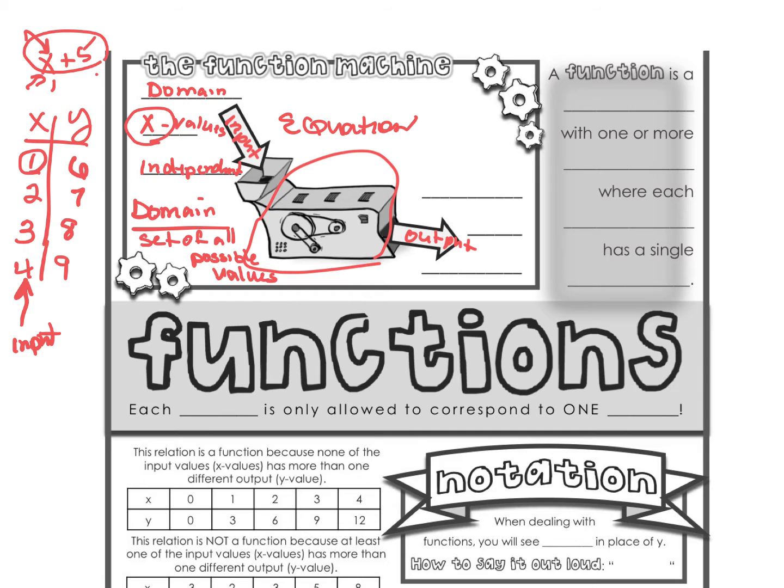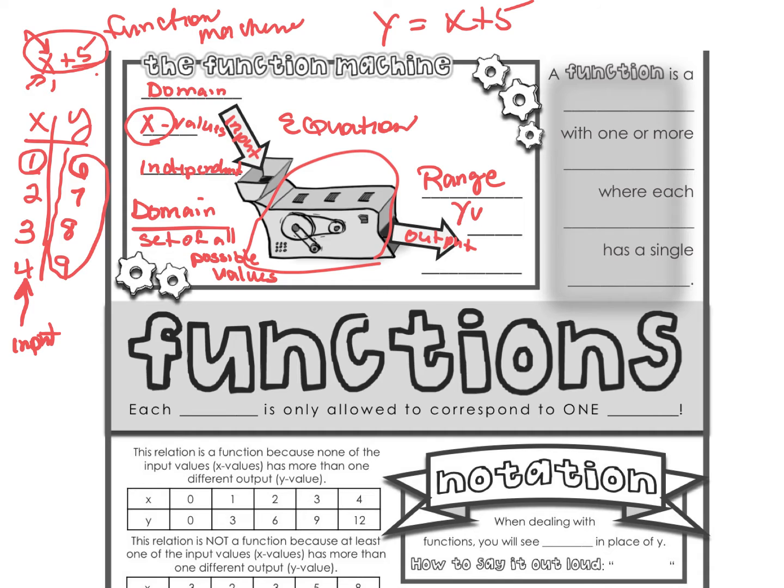The equation is the function machine. And the y's that you get out when you solve it, so this would be y equals x plus 5, right? So your y's are your output. They are the range.